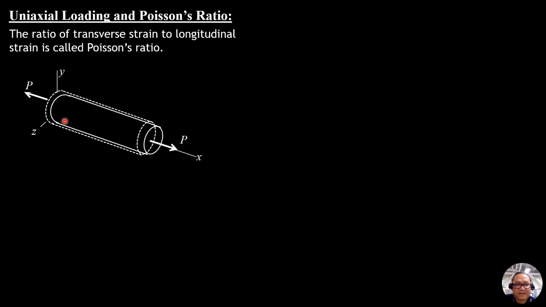So we have tensile forces. By the definition of Poisson's ratio, along x it elongates, positive strain, but along y and z it will be negative.